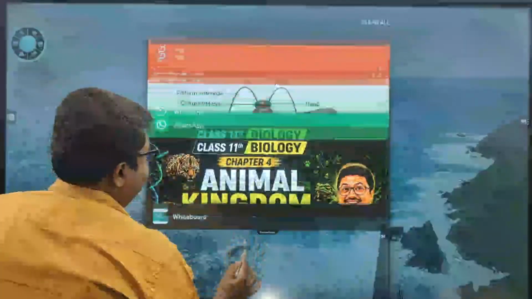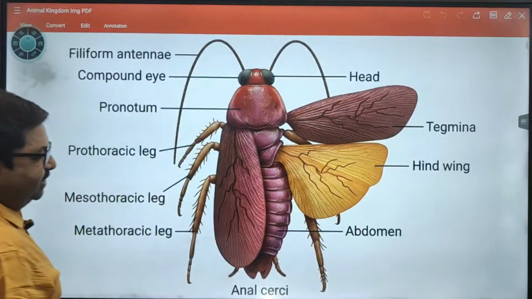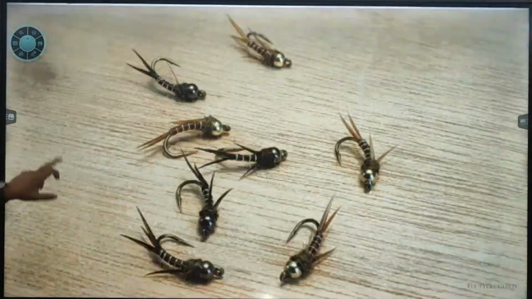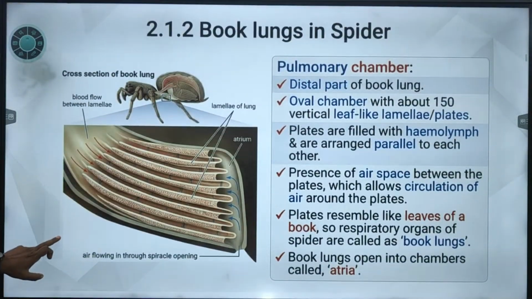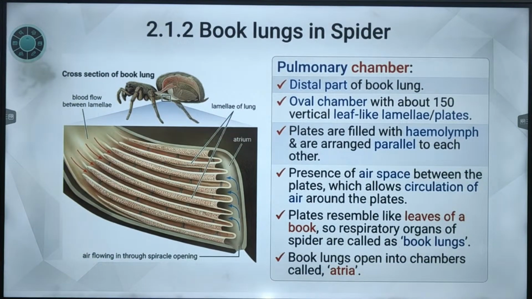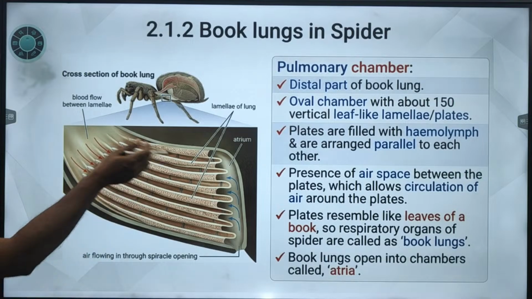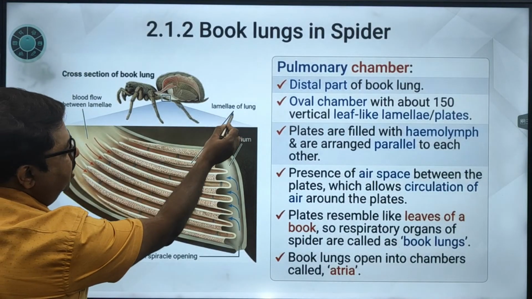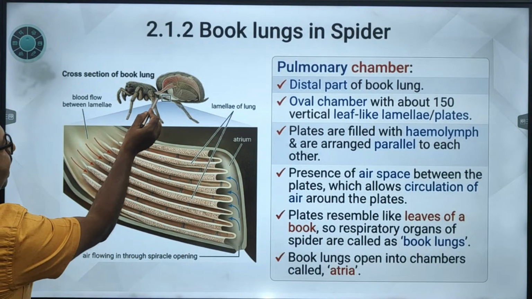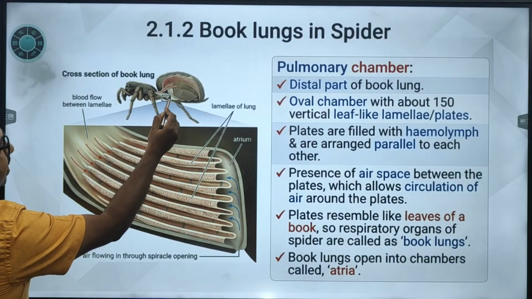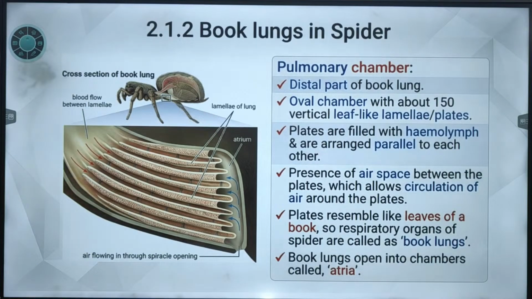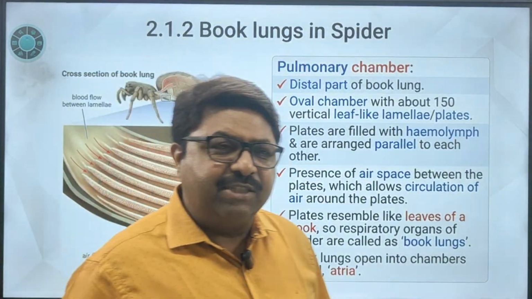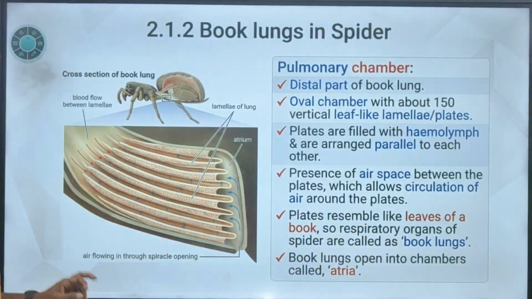This is going to help you, it's called seeing is believing. See, this is the book lung in spider. This is the lung. Lamellae of lung, see, this is the part of the spider, side view. This is the part of the spider which acts as a respiratory organ, and this is the book lungs in spider. Fine?